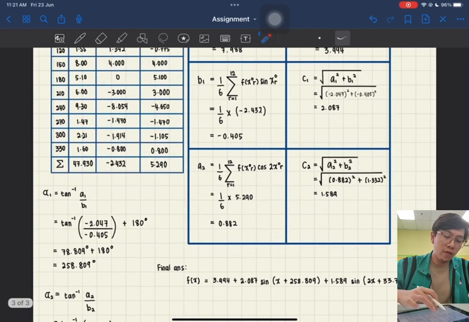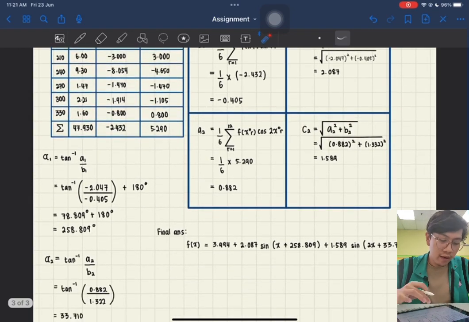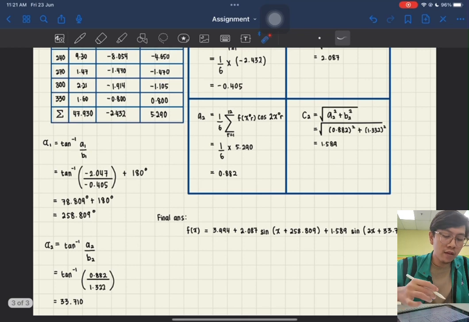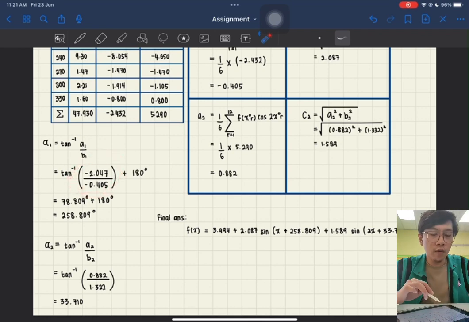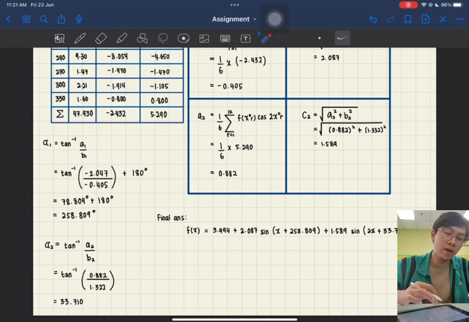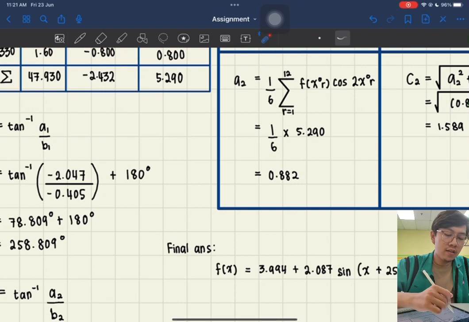After that, we need to find the values of alpha 1 and alpha 2. So alpha 1 is inverse tangent A1 over B1. As we can see from this, both values of A1 and B1 are negative, so we need to add 180 because it is in the third quadrant.